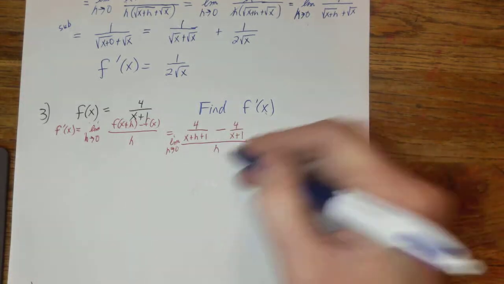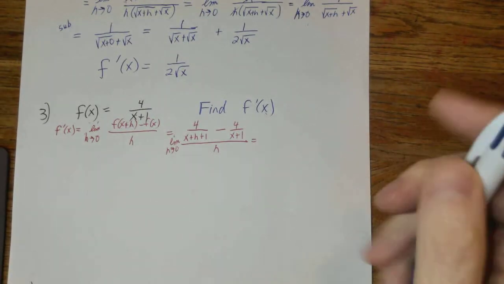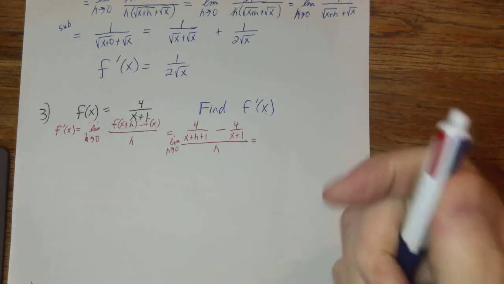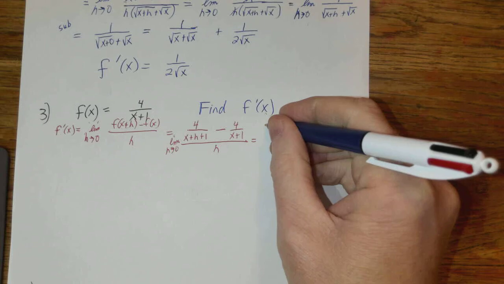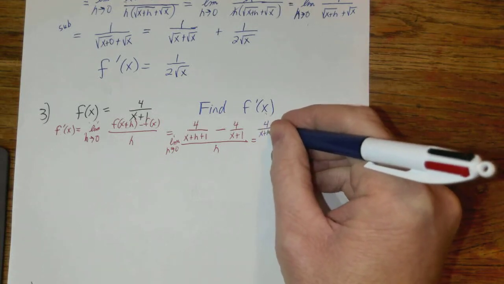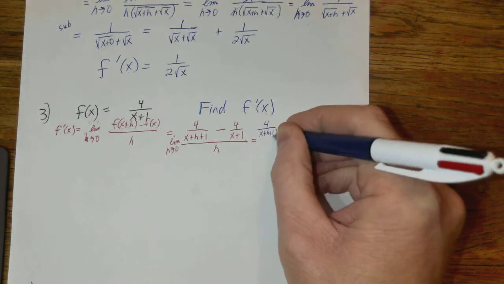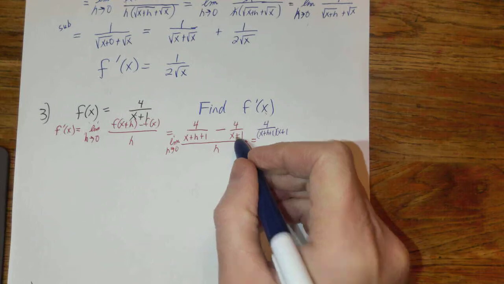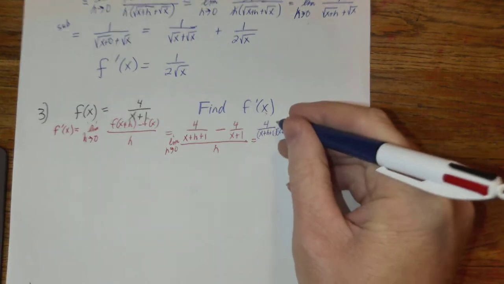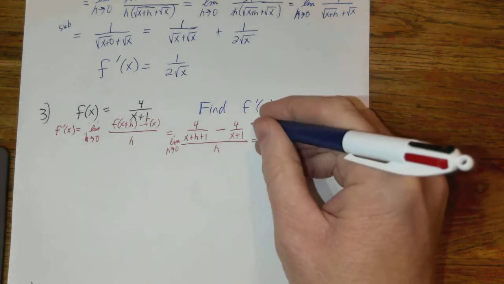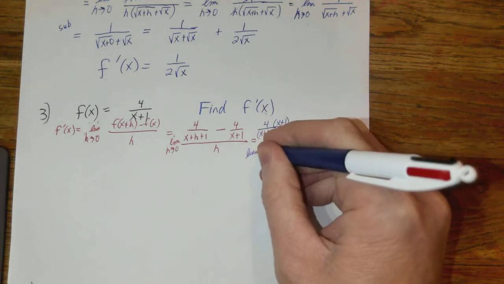Alright, now the tricky part here is getting into one fraction. So I'm going to take the 4 over x plus h plus 1 and multiply it by x plus 1. That's this times this, my common denominator, and then I'll do that up here too. And I'll just write the limit right here.